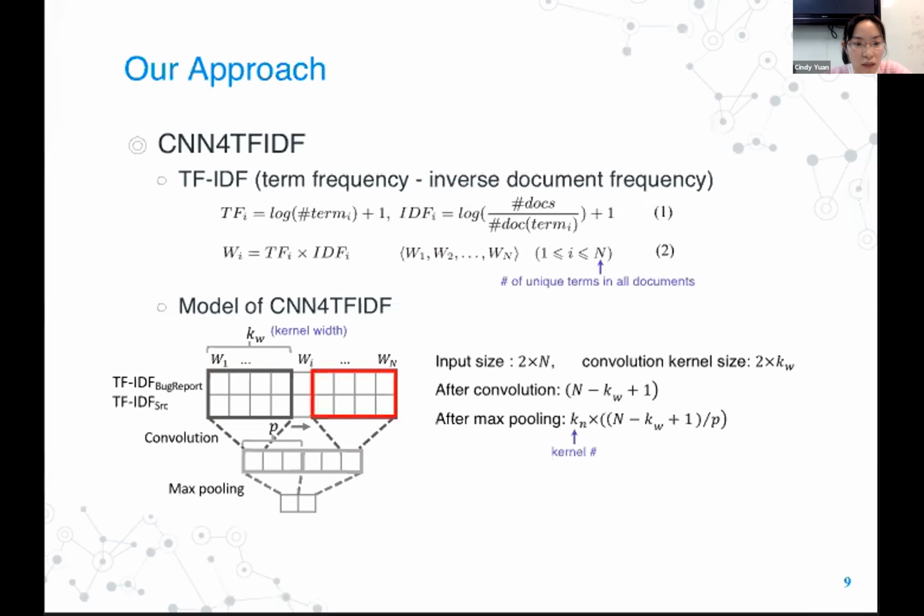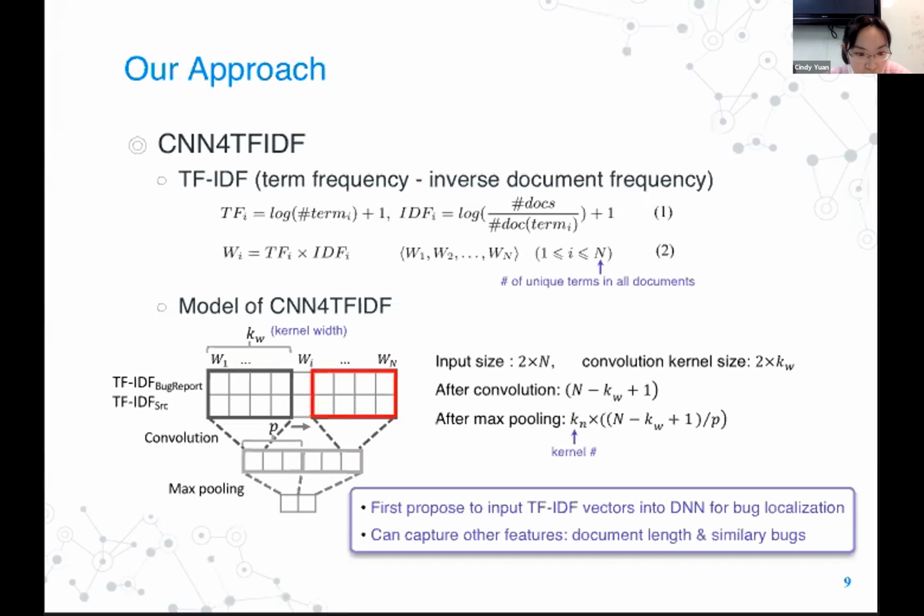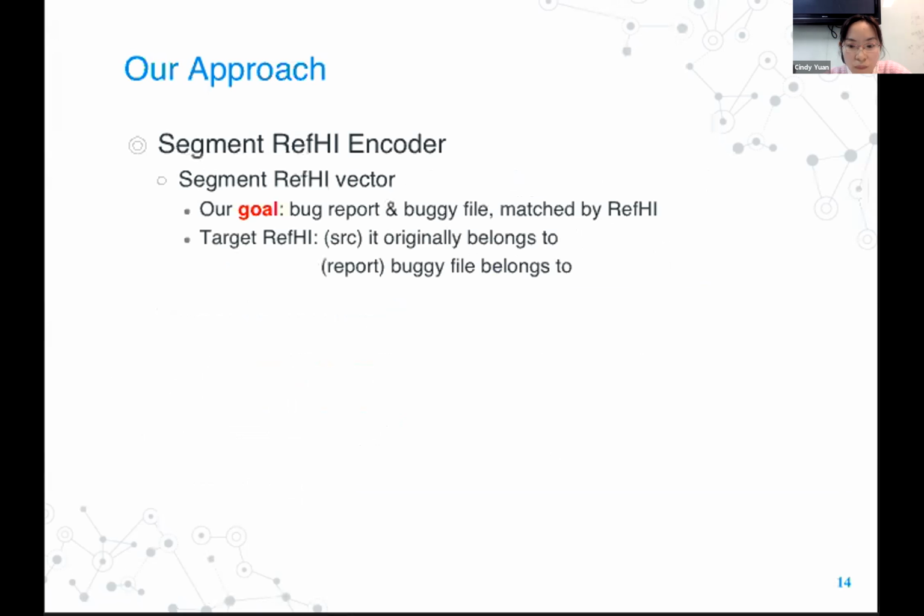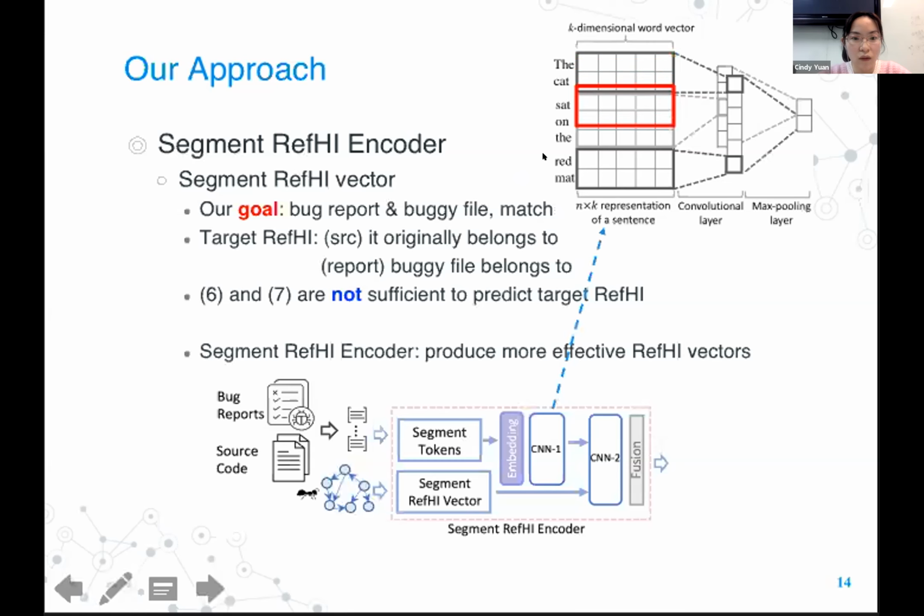But in the second submodule, we use word embeddings to embed our input tokens, because in these segments we need to consider their order.